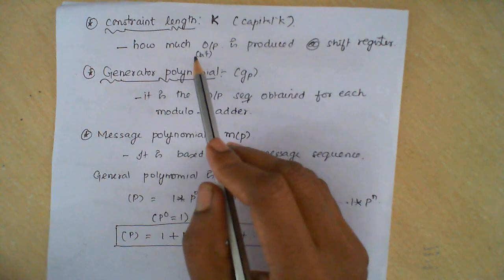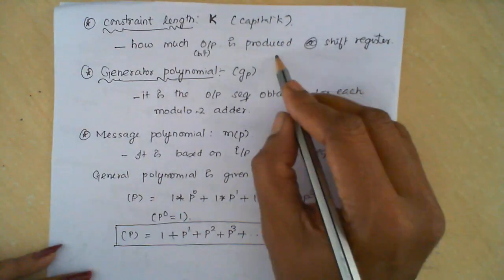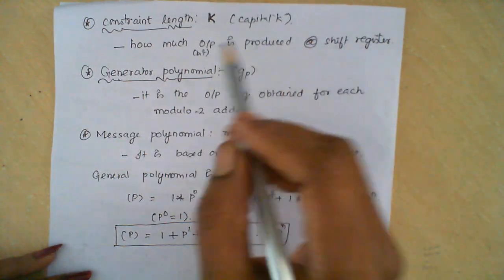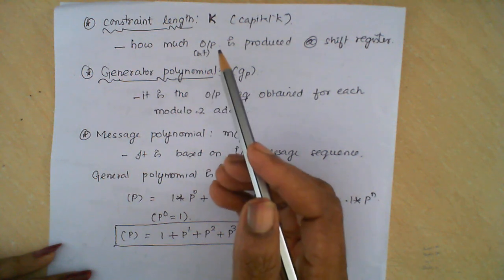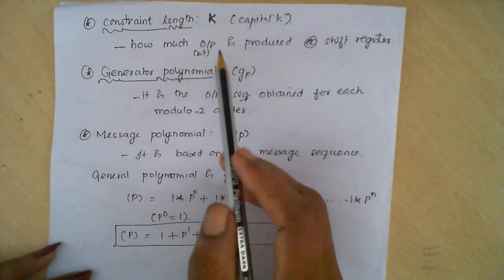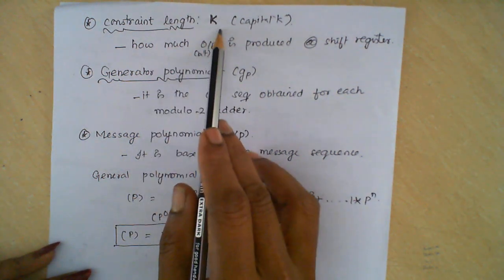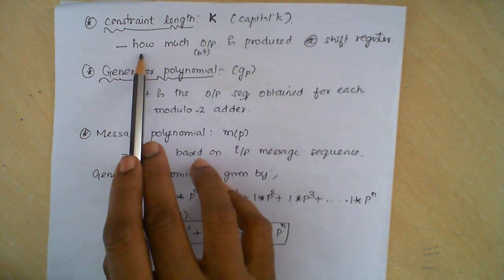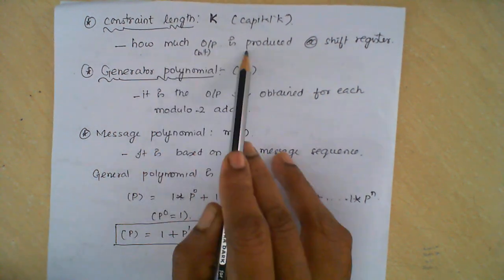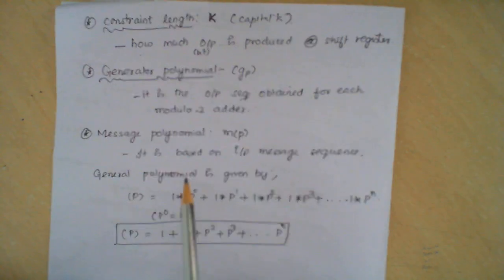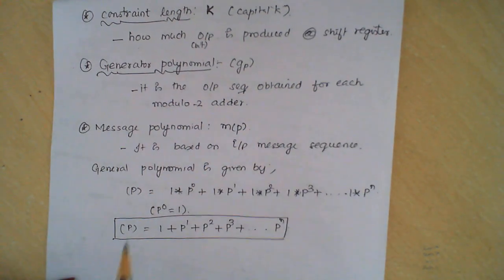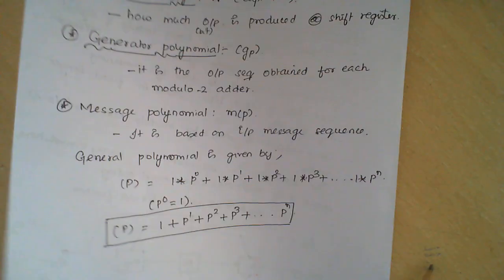For any number of bits, the combination of outputs produced sometimes may be 3, sometimes it may be 2. When we go into the problem, let me explain the constraint length clearly. It is how much output is produced at the shift register. Here they are specified as Y1 and Y2. For this diagram, the constraint length is 2.